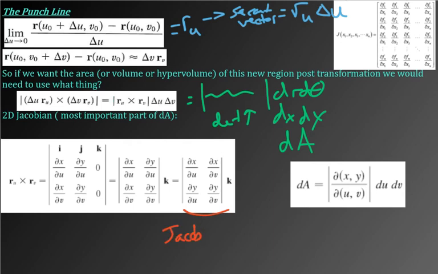That is the definition of the Jacobian. A lot of times we write it this way. It's a weird notational trick to say, check all the partials of x and y with respect to all the u's and v's. Okay, so this is just a weird way to write that, okay?